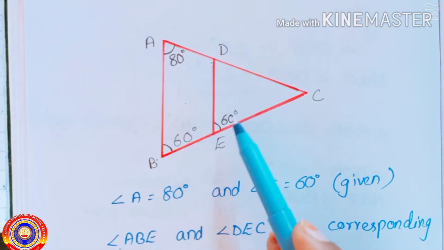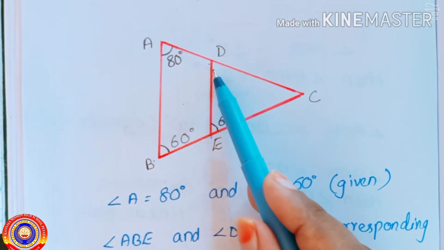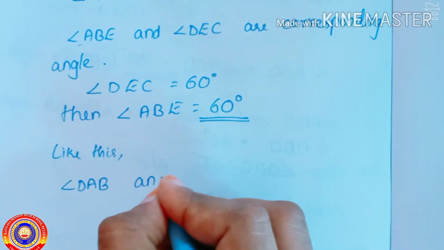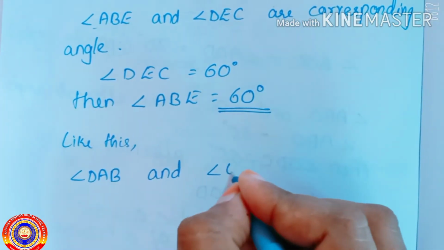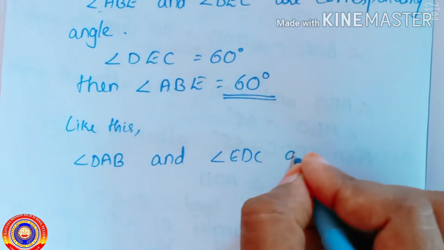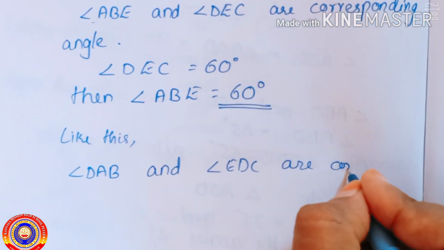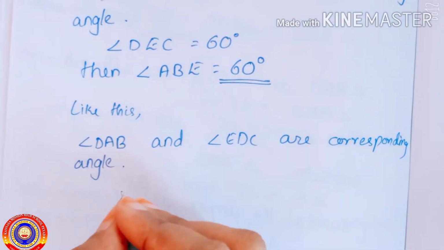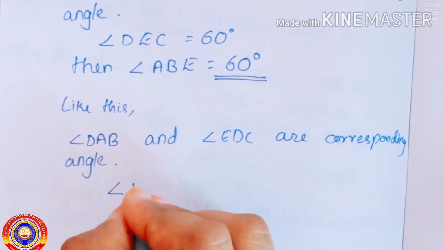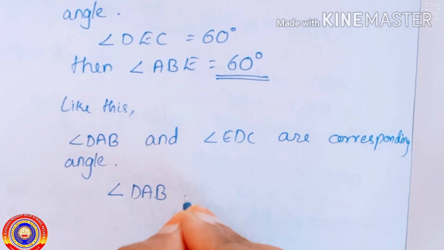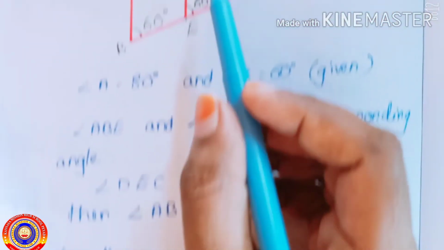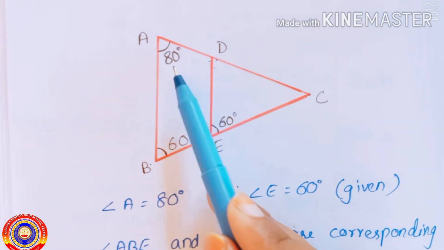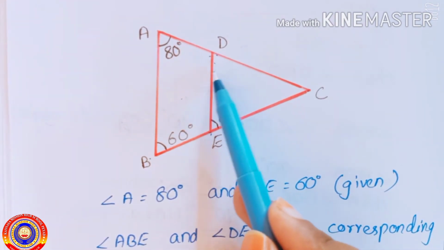Like this, there is another pair of corresponding angles in this figure. That is, angle DAB and angle EDC are corresponding angles. Here, angle DAB is equal to 80 degrees, which is given in the question.